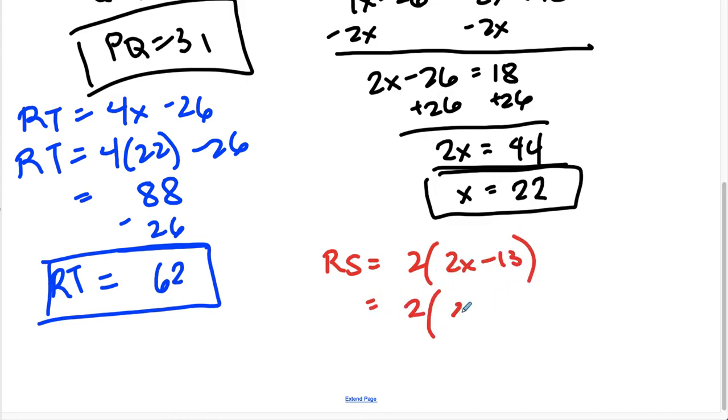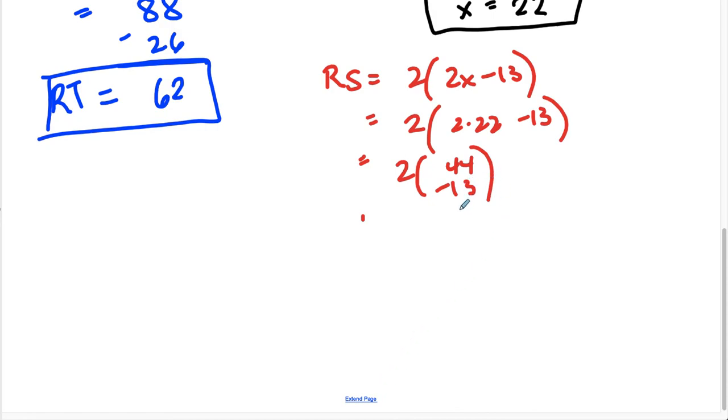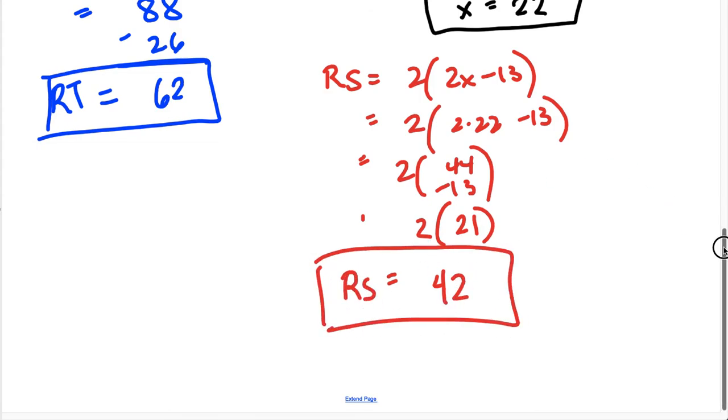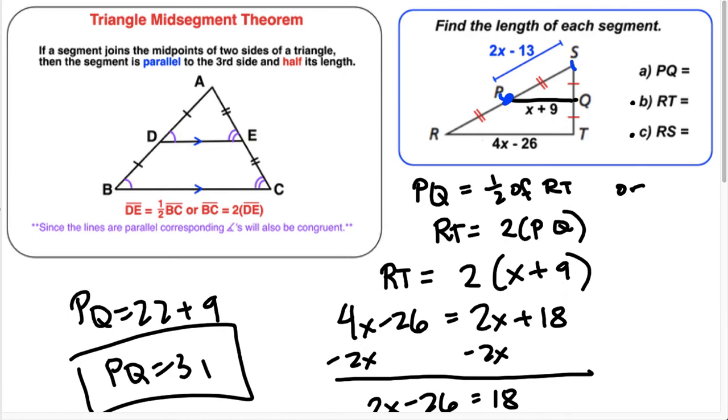That's 2 times 2 times 22, because that's what x is, minus 13. So that's 2 times 44 minus 13, and 44 minus 13 is 31, and 31 times 2 is 62. So RS is equal to 62. And again, that's using the triangle midsegment theorem.